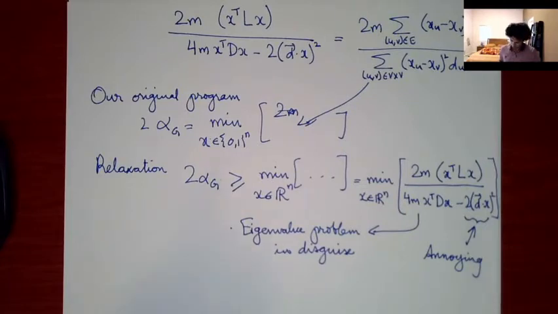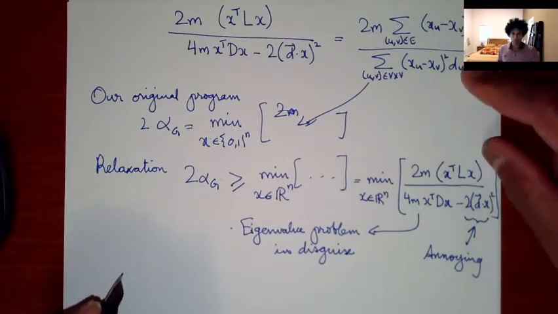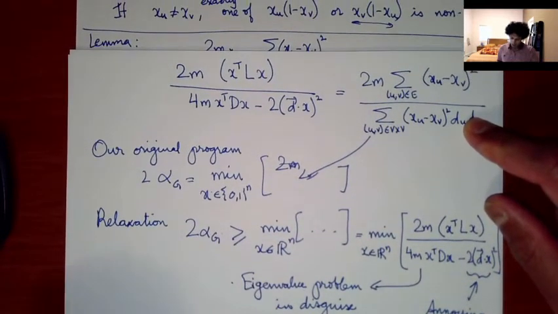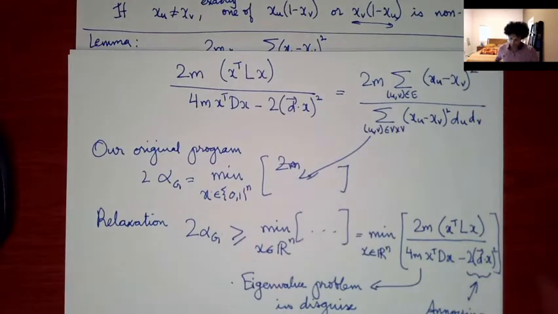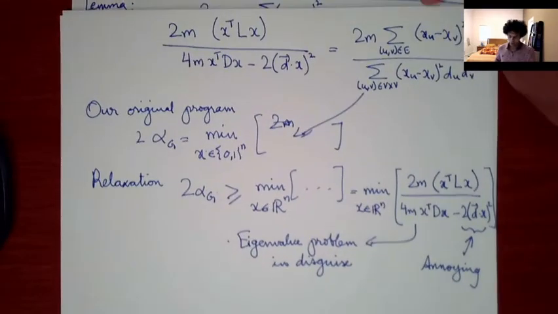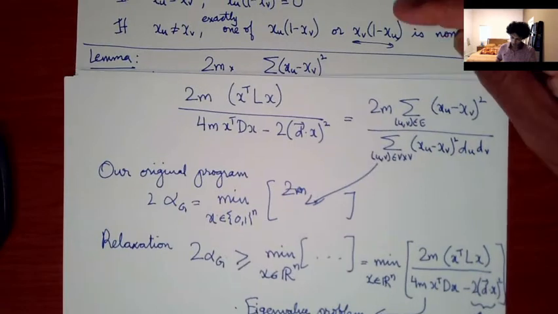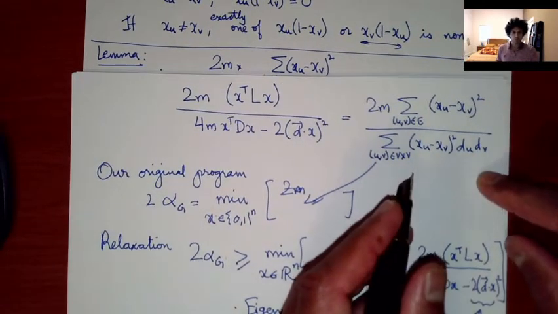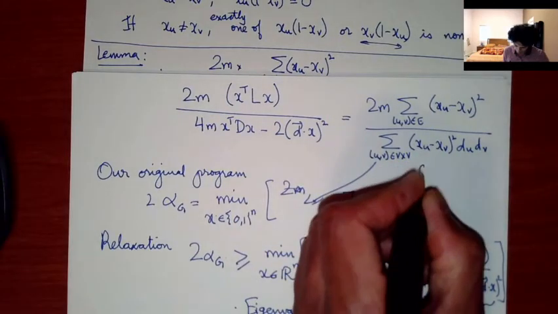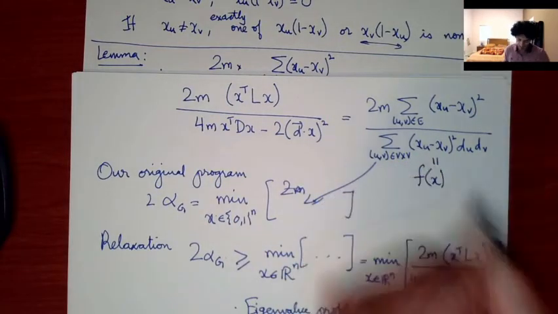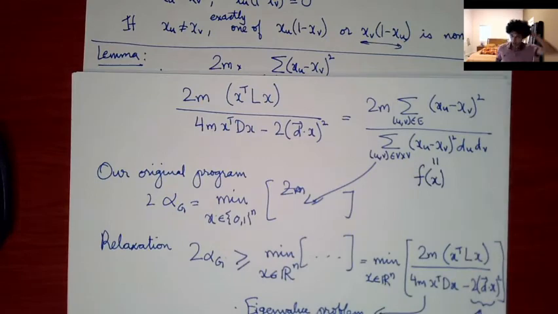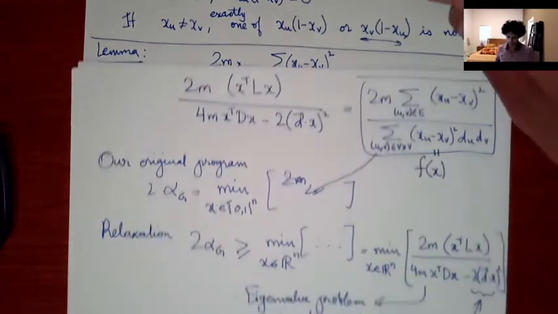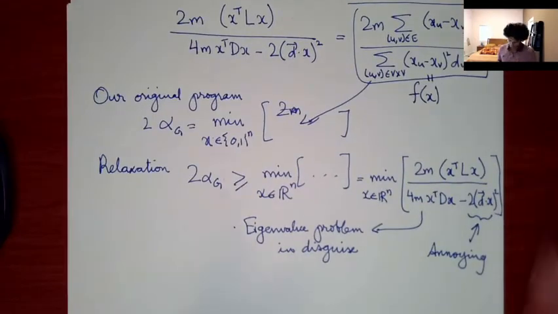And how? So observe the original program over here. For convenience, let me just refer to this as f of x. So just some function, the entire thing is just going to be f of x. Okay?